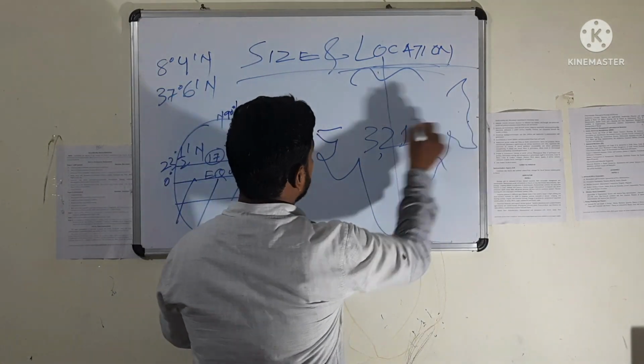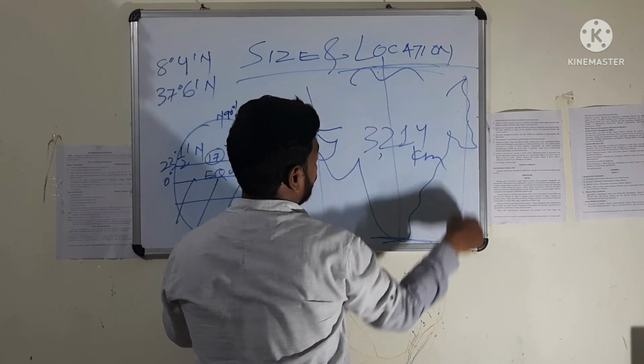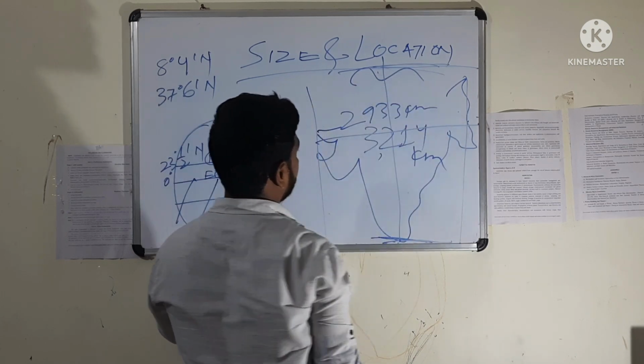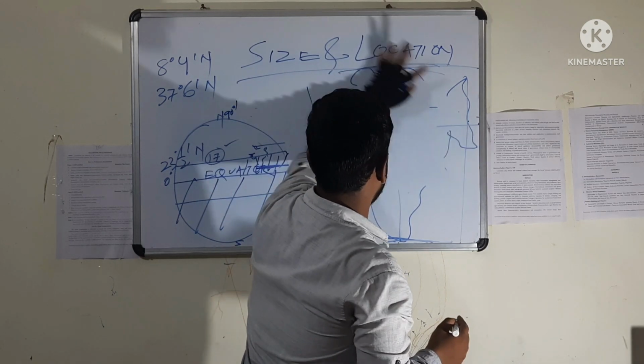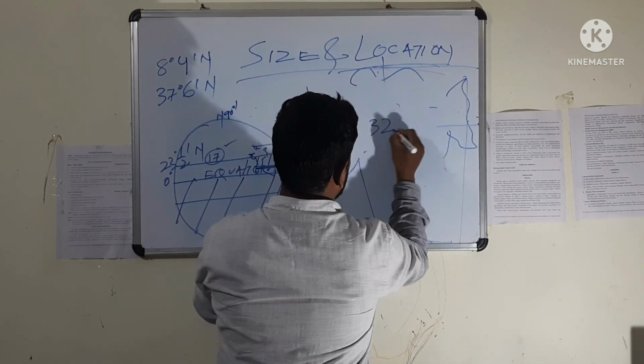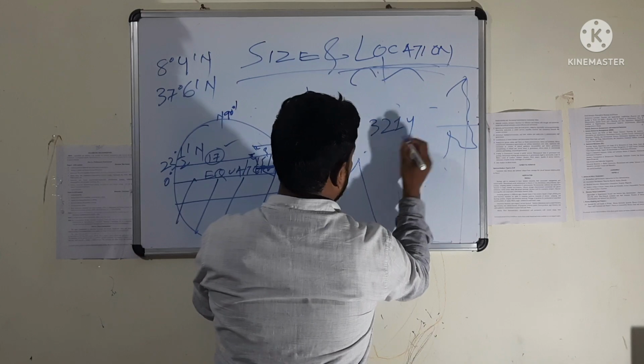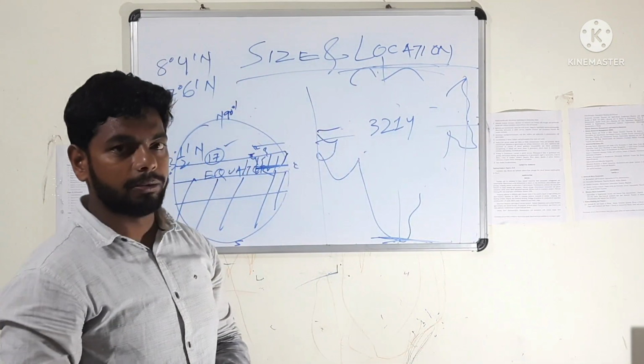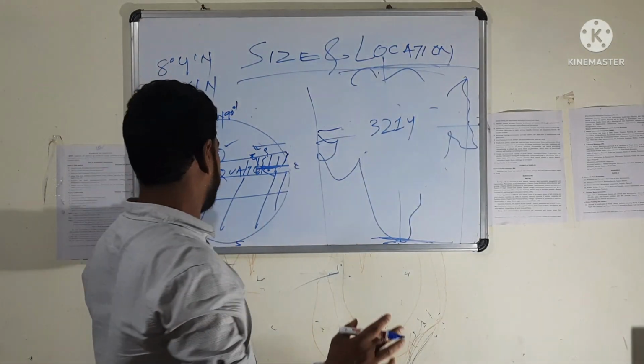And from east to west, that we will discuss in longitudes, that is 2933 kilometer, guys. Okay, so from north to south this is 3214, and from east to west that is 2933 kilometer.